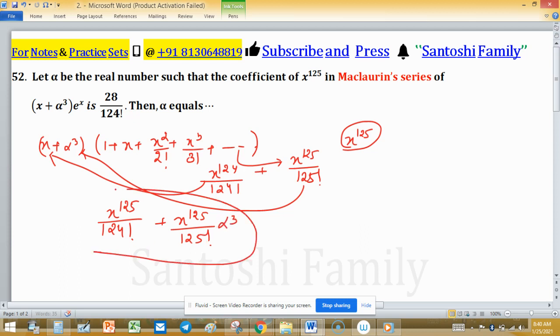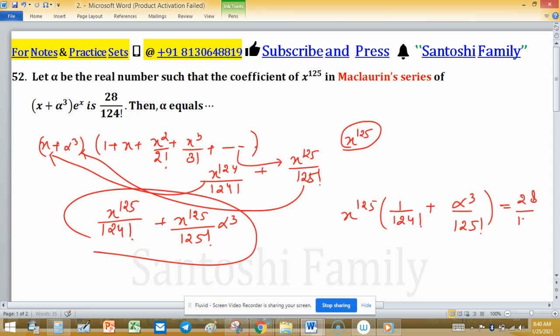These two terms contain x raised to the power 125, so take x^125 outside, and the left terms will be 1 upon 124 factorial plus alpha cubed upon 125 factorial, and this is equal to 28 upon 124 factorial.